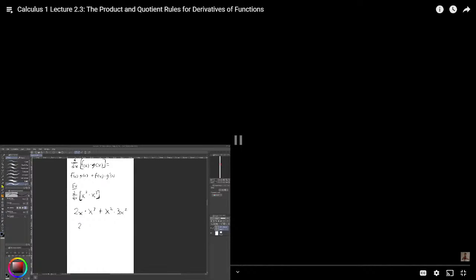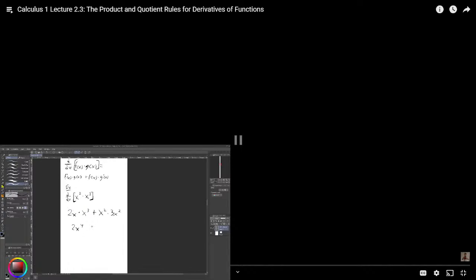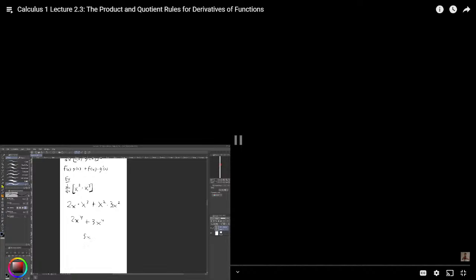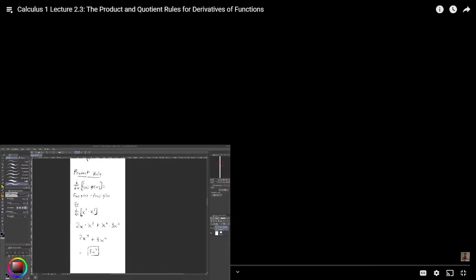You get 2x to the power of 4 plus 3x to the power of 4, 5x to the power of 4. And that is what we got last time, right?